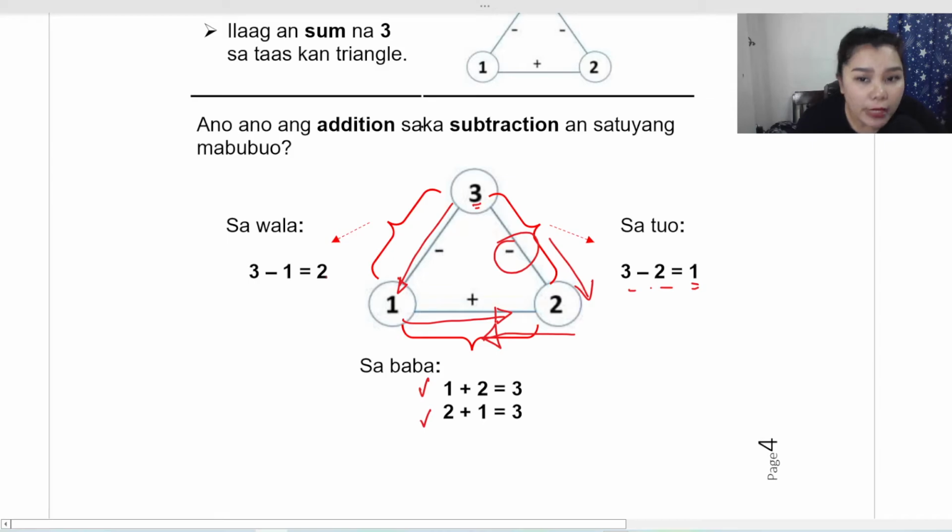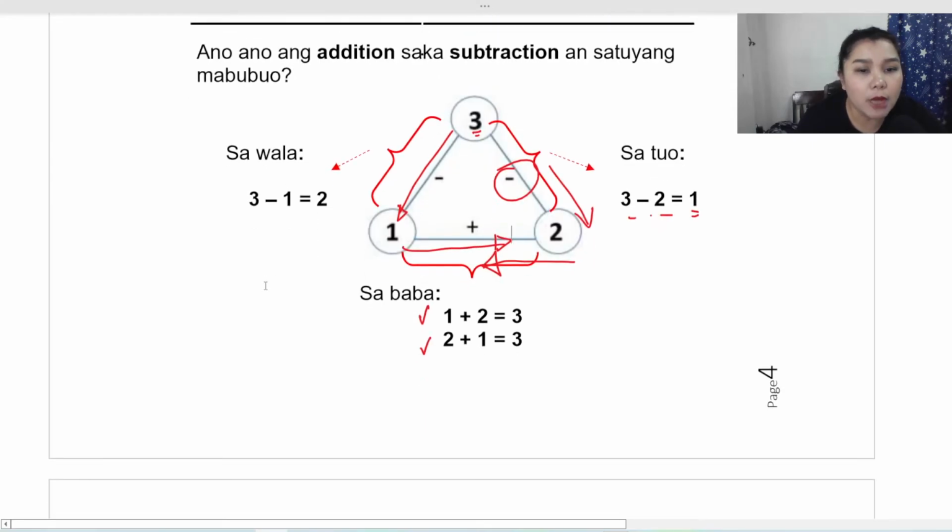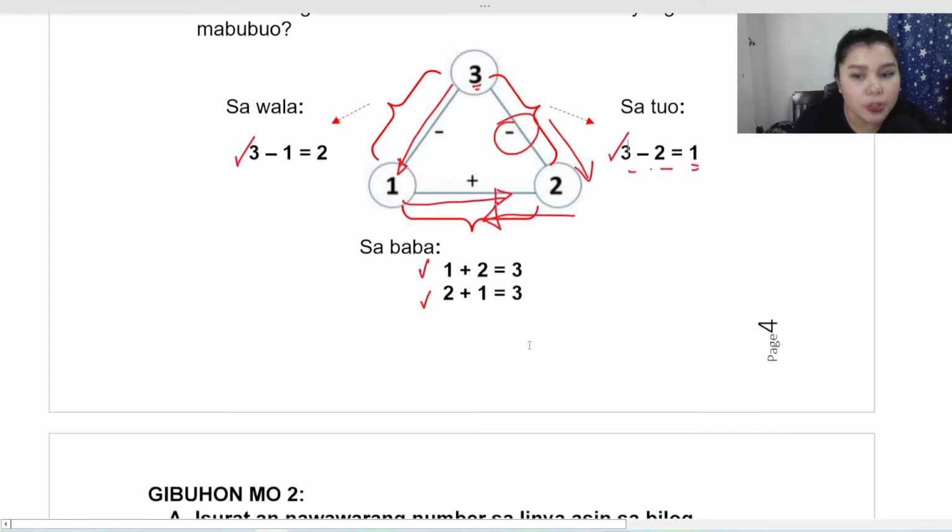So using the fact triangle, we can come up with one subtraction sentence at your left, another subtraction sentence at your right, and two addition sentences yung mga nasa baba. So that is how addition and subtraction are related when a fact triangle is used.